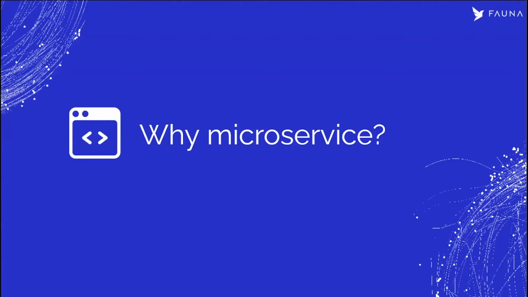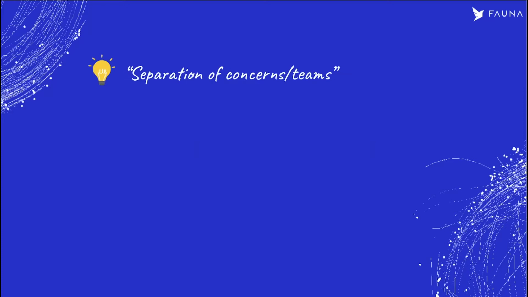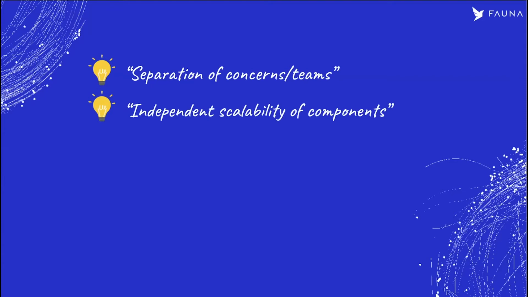So if we look into this with a scalable data API, we first have to list a few reasons why microservices, so we can put them next to our discussion. So one of the things that we will look into is a separation of concerns and teams, independent scalability of components, which is, of course, more on the processing side, but very related to the first one.